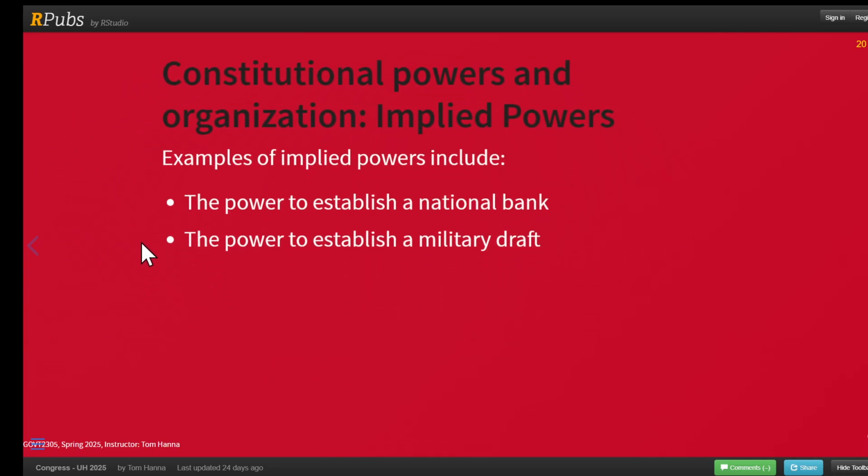And so some examples of implied powers that were pretty seriously in there. The first one there was a lot of debate about the power to establish a national bank. And the idea was that this was implied by Congress's power to borrow. And the example was the Central Bank of England, the Bank of England.